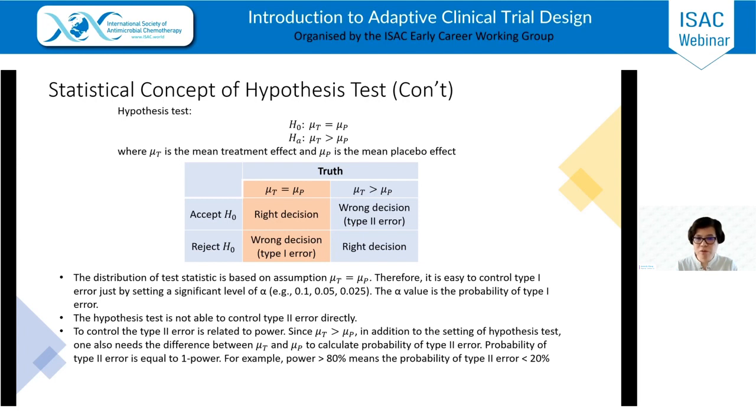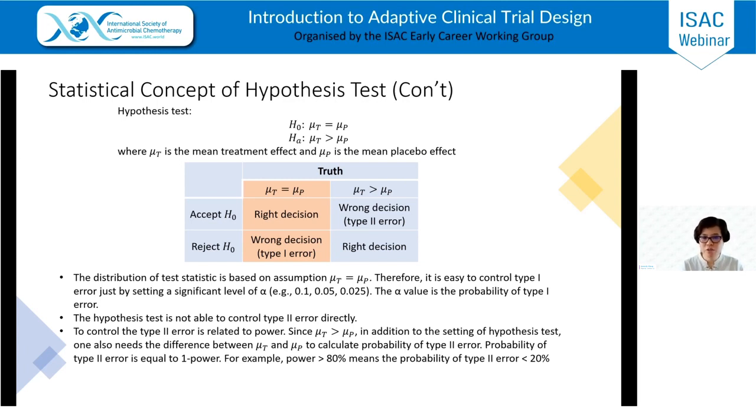So I want to say one thing, some people always ask, okay, I only have one trial. I did this, I observed the data, I followed this procedure, I make the conclusion. Either it's right or wrong. So what do you mean you control the probability of type 1 error at like 0.05? Yes, you're right.